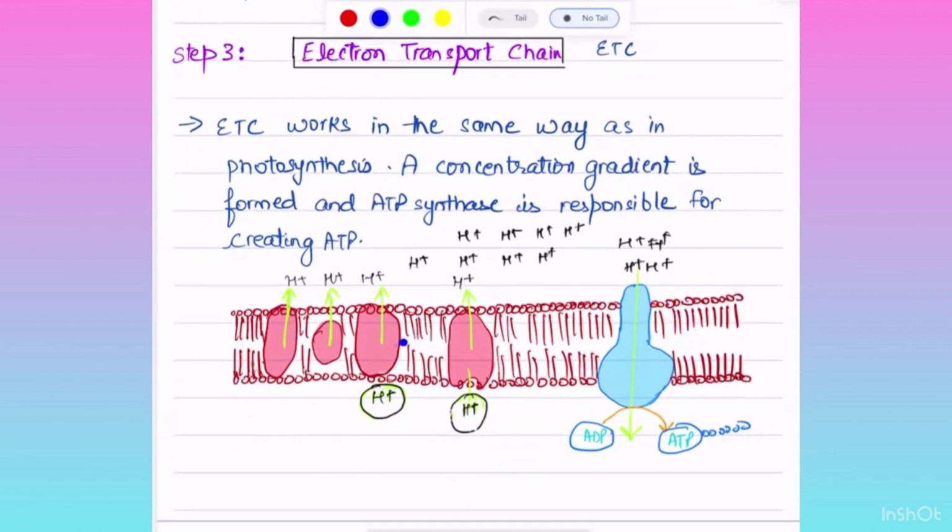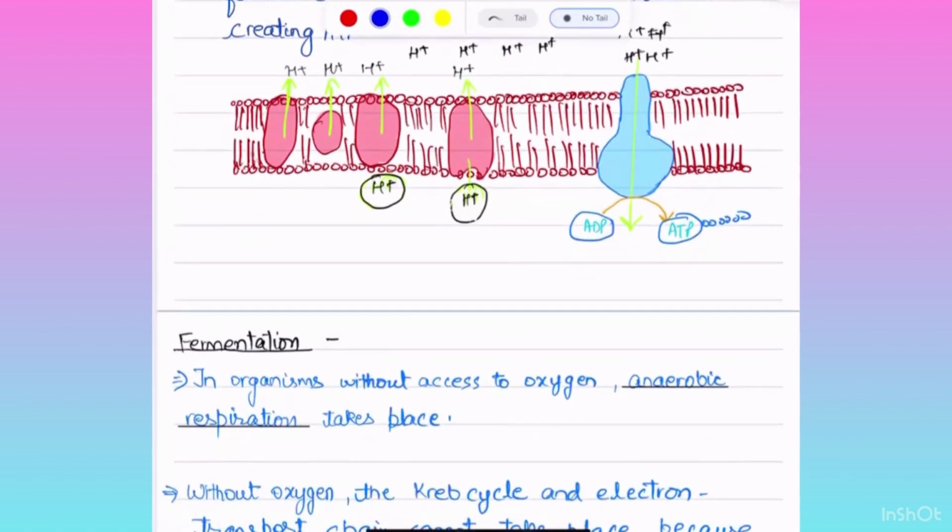There are 3-4 different complexes which extract electrons from NADH and FADH2, and as the electrons are transferred, protons accumulate outside. Now these protons want to enter back inside with the help of the ATP synthase complex, and thus they convert ADP to ATP, and that's how ATP is produced as a product of glucose oxidation.